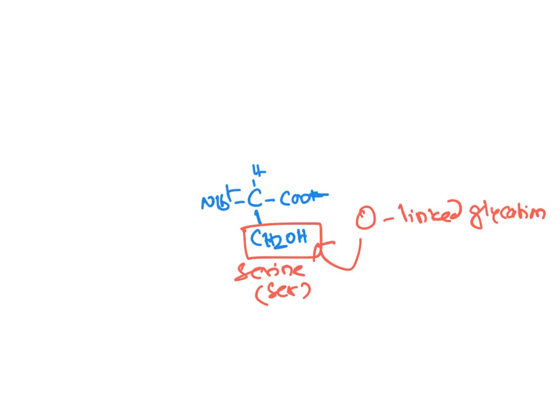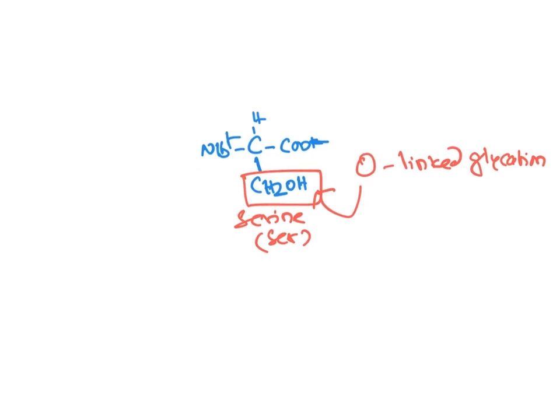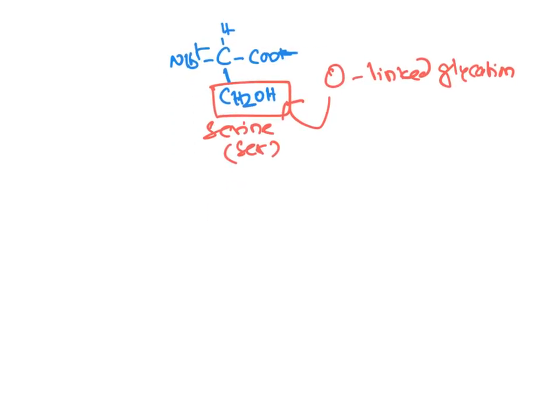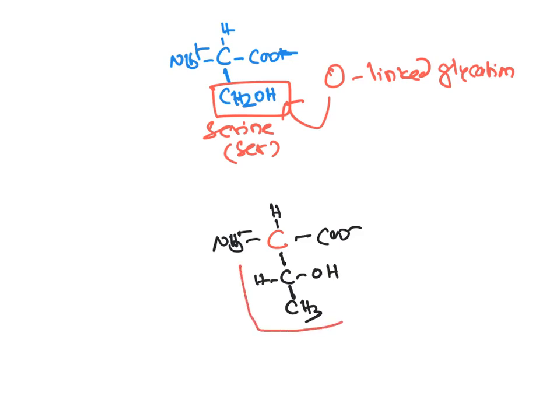And then similar to serine, we have another hydroxyl containing amino acid, and that is threonine. Now threonine has the alpha carbon in the center. It has COO minus, NH3 plus, H, and the side chain of threonine has a CHOH hydroxyl group, and then the methyl group here, CH3. So this is threonine.